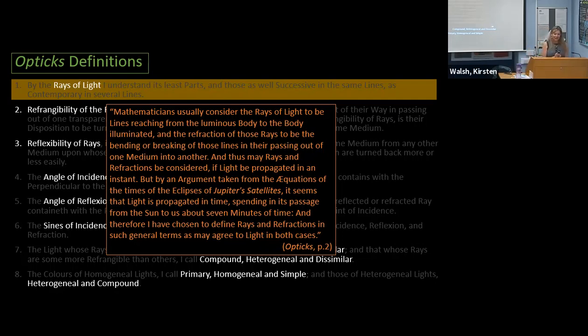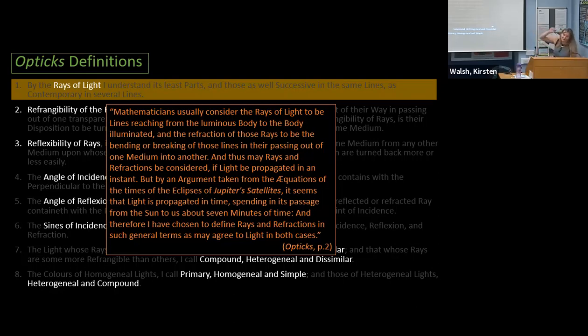And it's striking here that he thinks that light can be broken down into parts. But a ray of light is supposed to be that least part of light. And so he's left it open whether he thinks that the ray of light can be divided in both directions. So the least part is going to be that way as well as that way, so length as well as breadth or something like that.